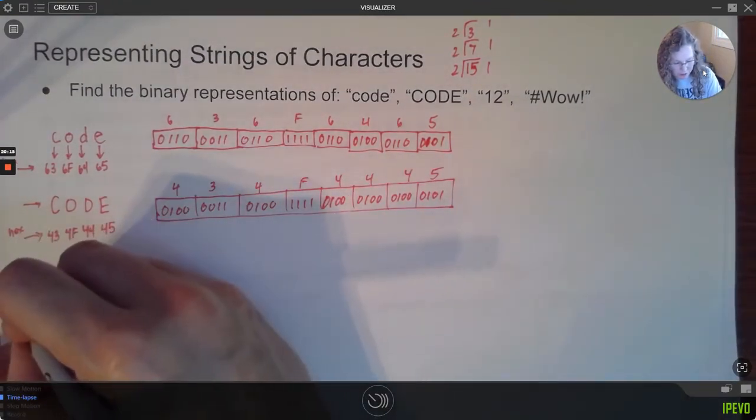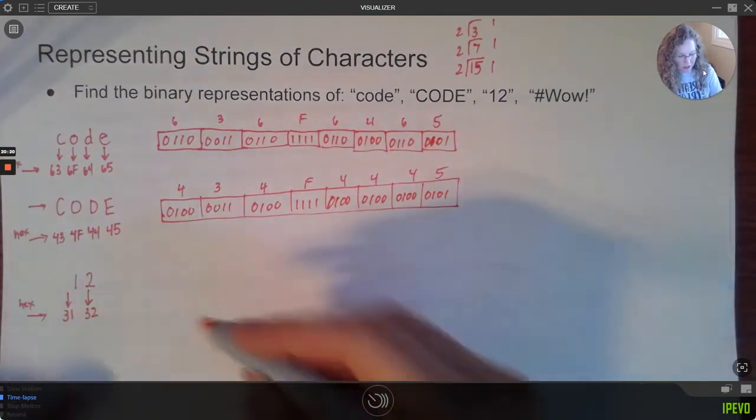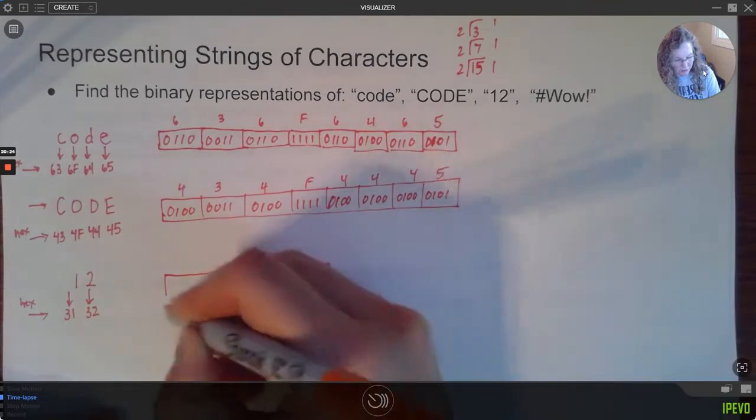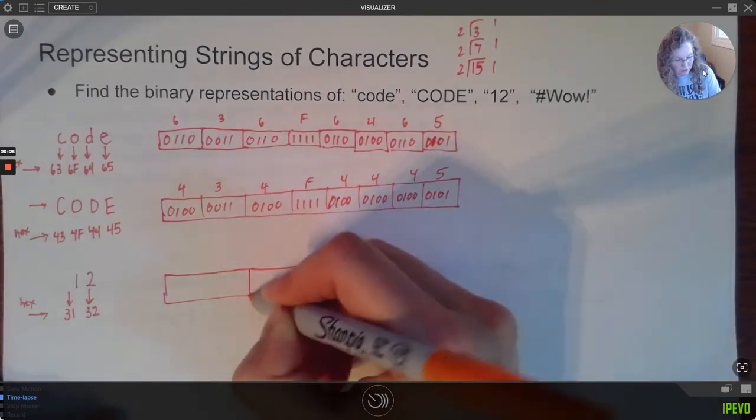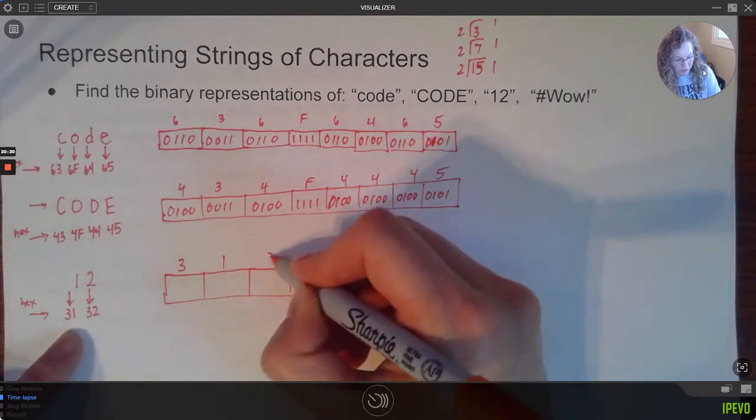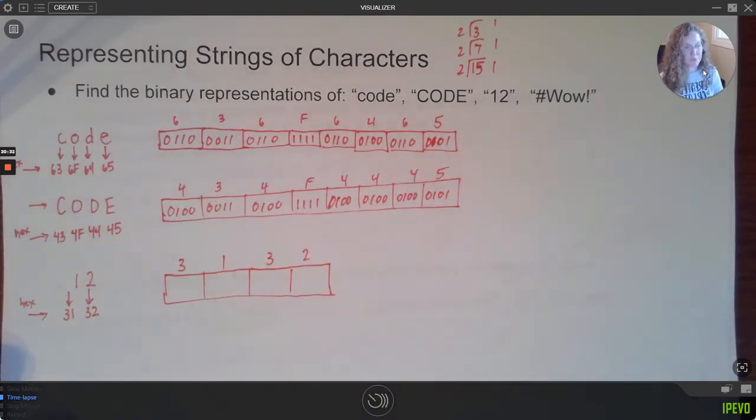Okay, so this would be the hex. All right, so this one, we'd have to put a 3, 1, 3, 2, and use the 4-bit representation in each of those.